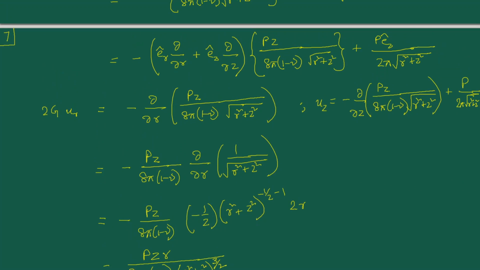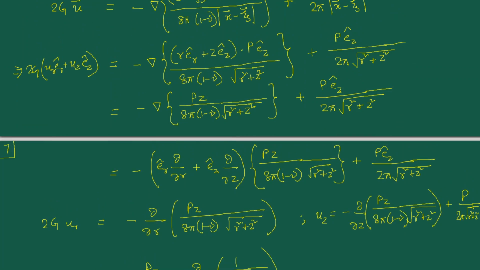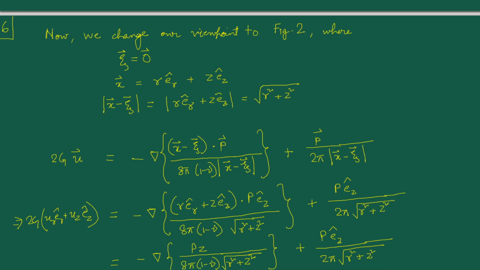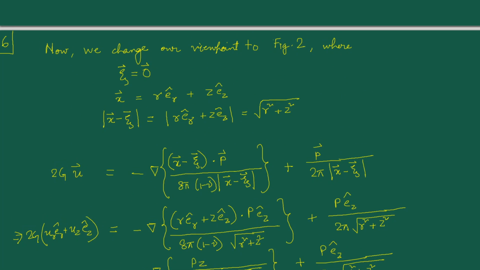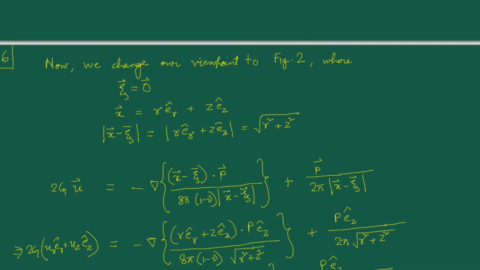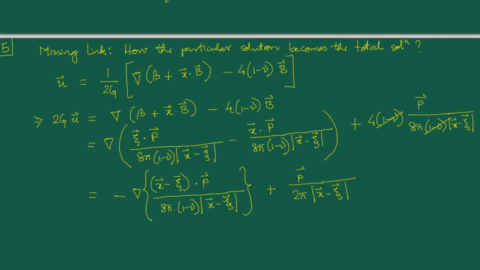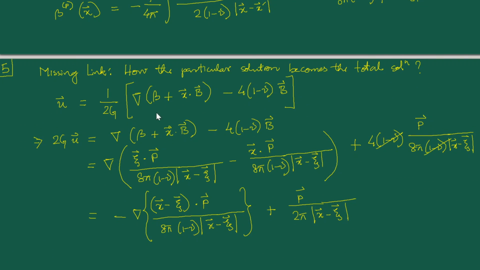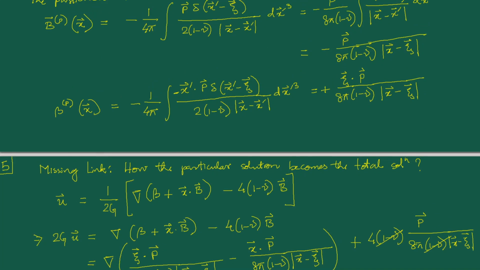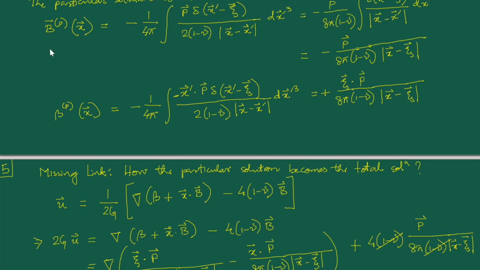So remember, this UR we obtained from this general form, and this general form in turn was obtained by accepting the missing link that we were not considering any homogeneous part solution for this B vector and the beta.